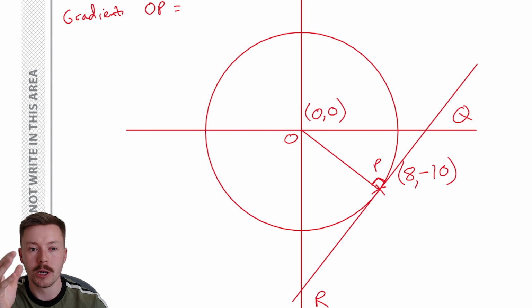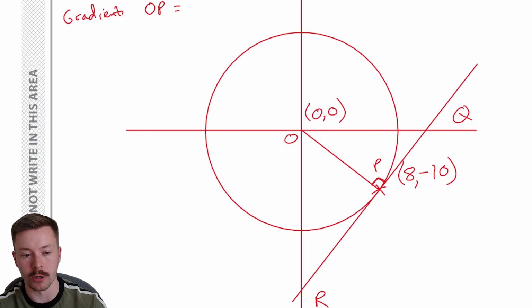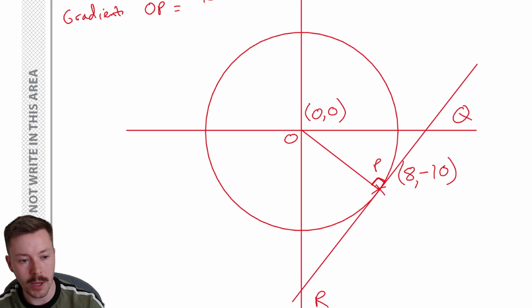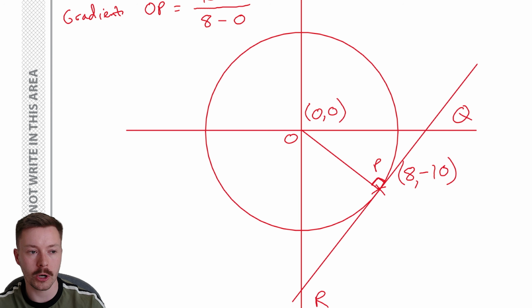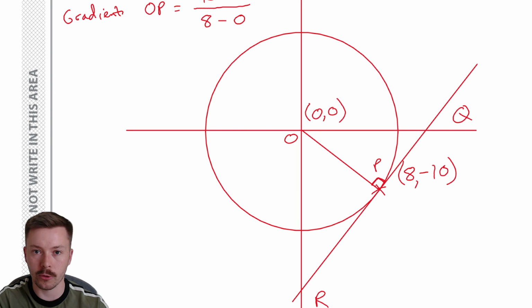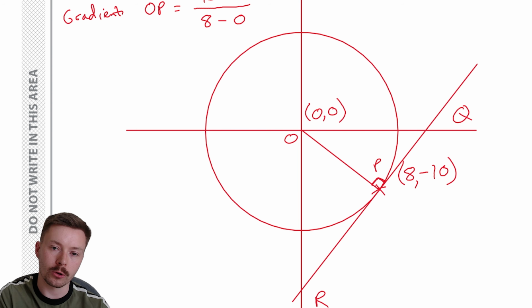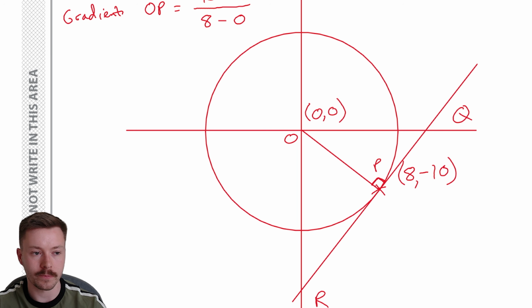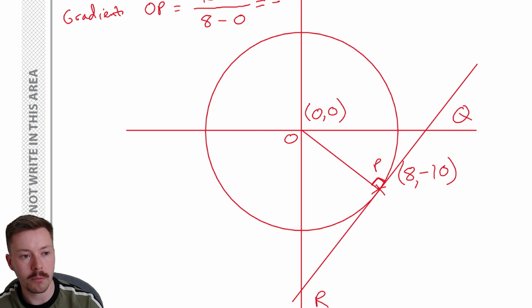What I mean by that is you have to subtract the numbers in the same order. So I'm going to go -10, so P take away O, so -10 take away 0, y take y, over 8 take away 0. So because I went with P for the y coordinate first, I have to do P first for the x coordinate. Now that gives me -5 over 4.